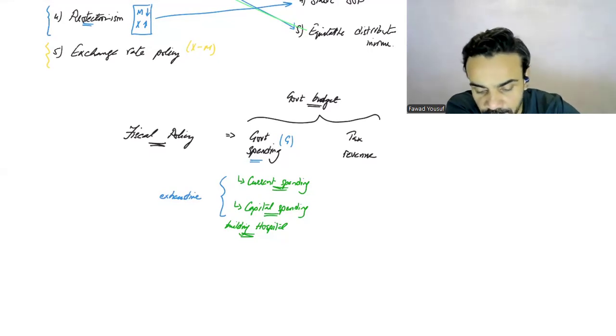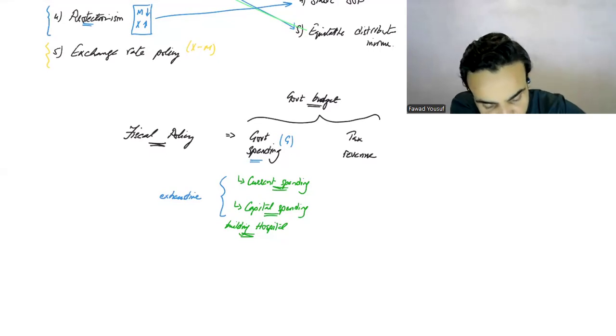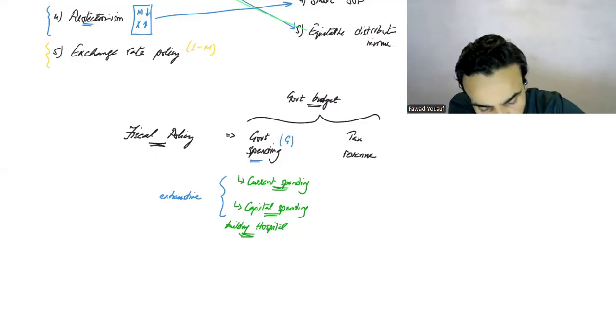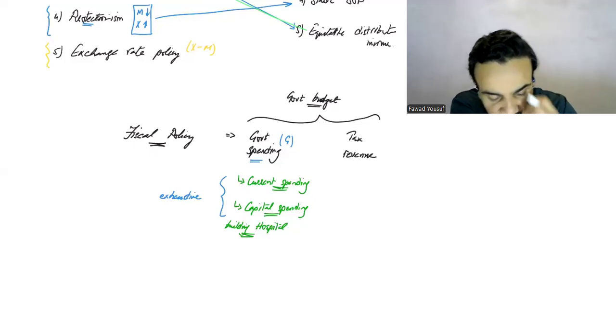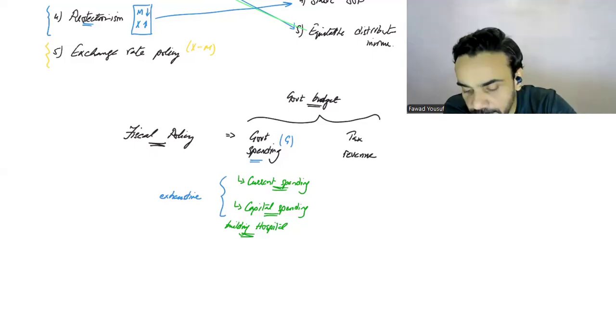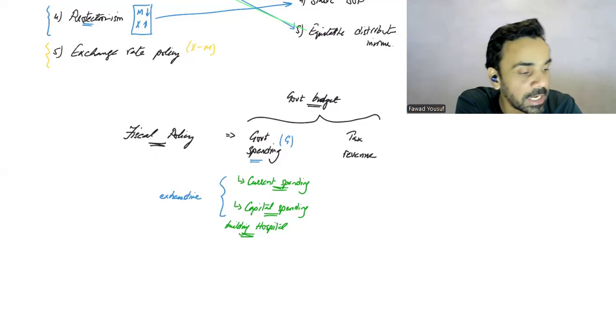Then apart from that, we have non-exhaustive spending by the government. This is basically government giving money to the people so that you can decide how you want to spend this money.